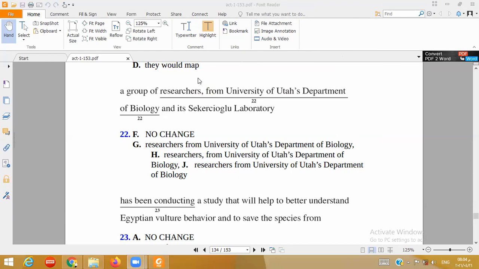For example, if I write a sentence like that, look: a group of scientists from the university, or from Cairo University, discovered the bird's pattern of migration. Okay, that's the sentence.